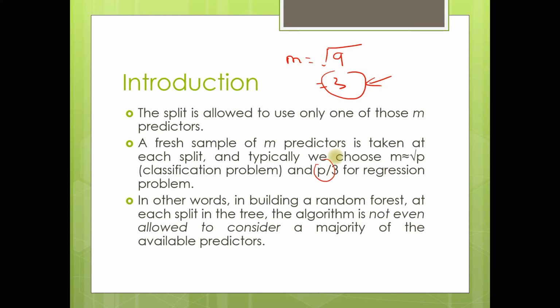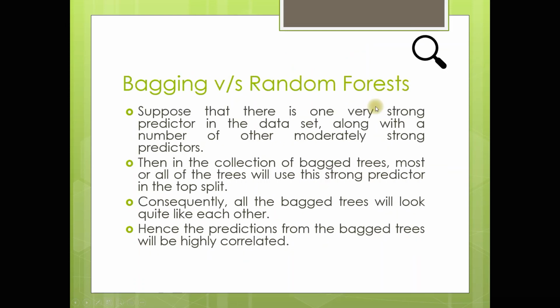Remember that by applying a random forest, the algorithm is not even allowed to consider a majority of available predictors. It's going to consider only a subset of these available predictors. And the idea is to come up with decorrelated trees, as I explained to you earlier.